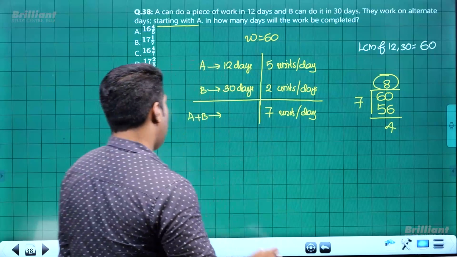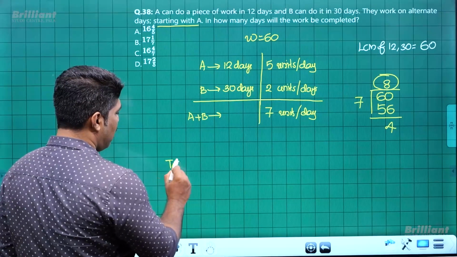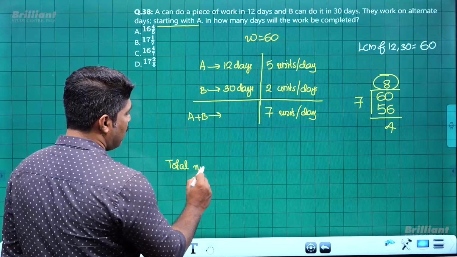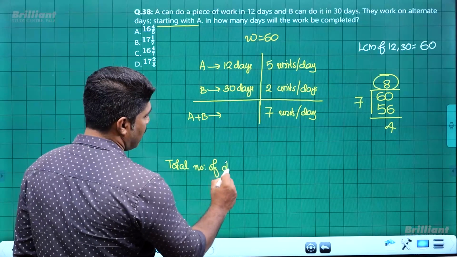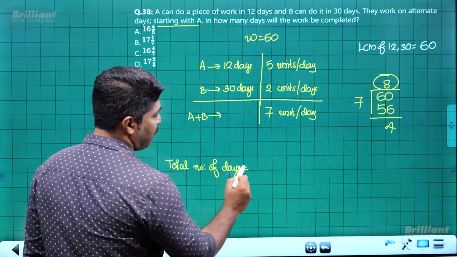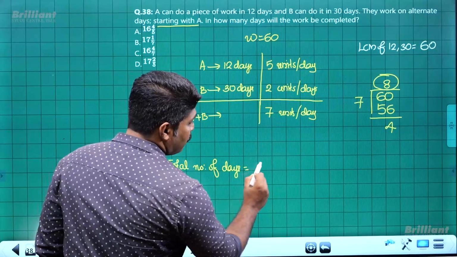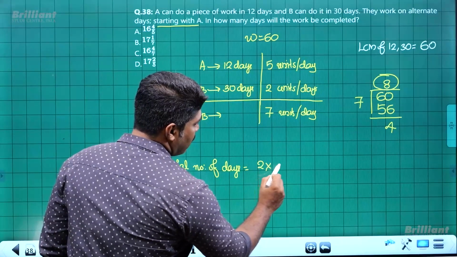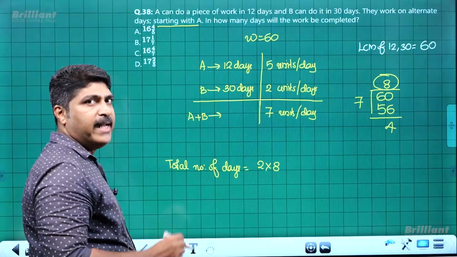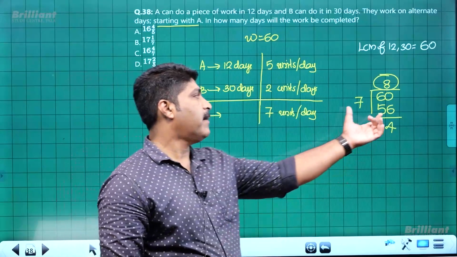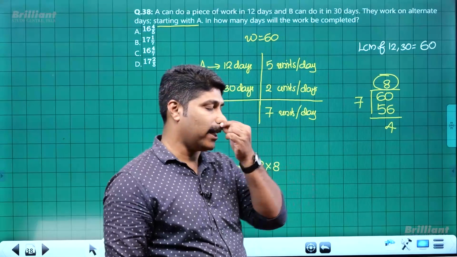Clear? Therefore, the total number of days is 2 into that 8. So in 16 days, they completed 56 units of work.